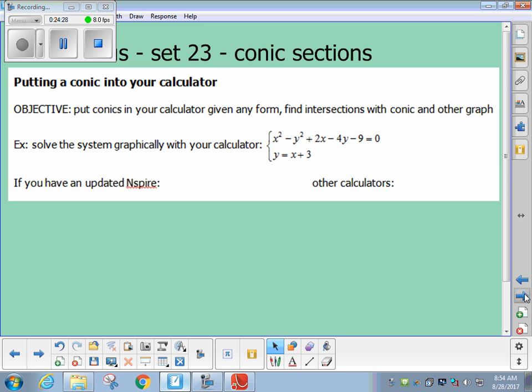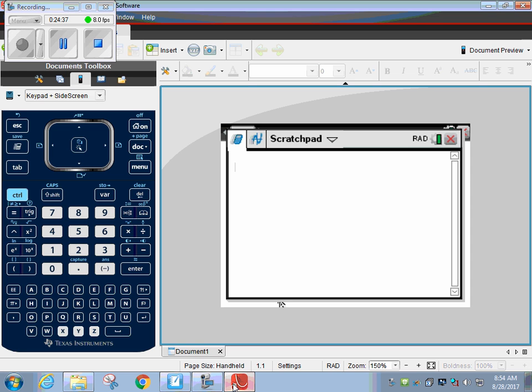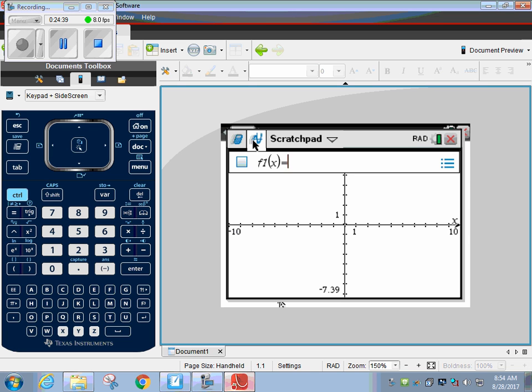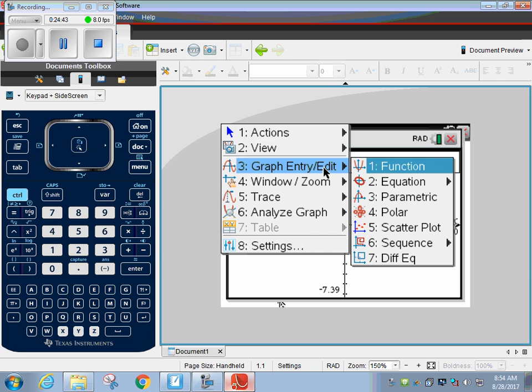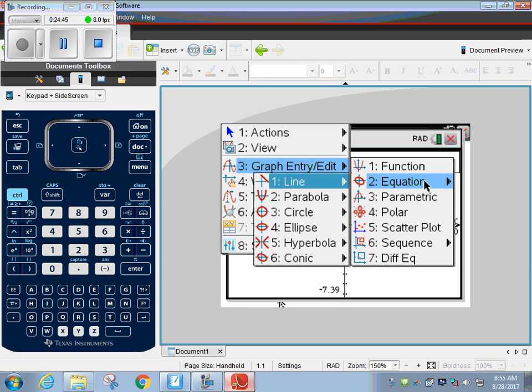So, first of all, if you have an updated Inspire, like mine is, in the graphing menu, you can go to Menu, and in the graph type, you can take an equation, and it gives you lines, parabolas, circles, ellipses, hyperbolas, or general form conics.